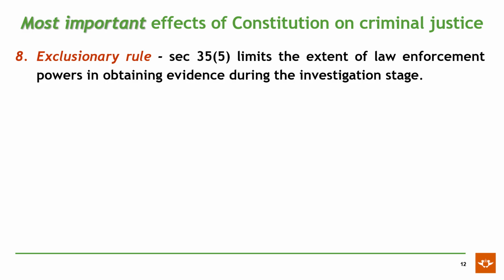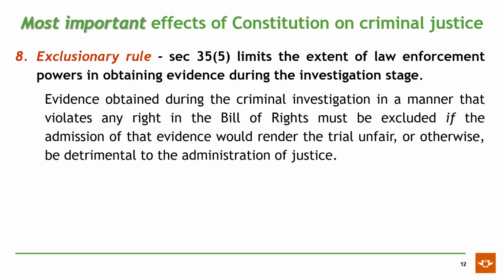But the exclusionary rule says, essentially, if evidence is obtained in a manner that violates any right in the Bill of Rights, that evidence potentially may be excluded, or must be excluded if the admission of that evidence would render the trial unfair or would otherwise be detrimental to the administration of justice. So this is another way in which there are limits placed on the extent of law enforcement powers.